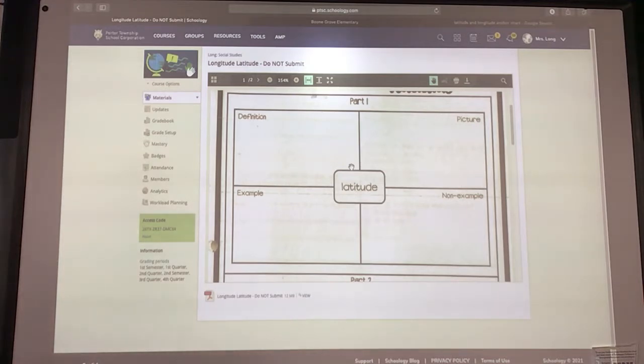Looking for information and writing the information down. That's just the other side of your worksheet. So you're going to want to go to Safari and do some searching on latitude and longitude.